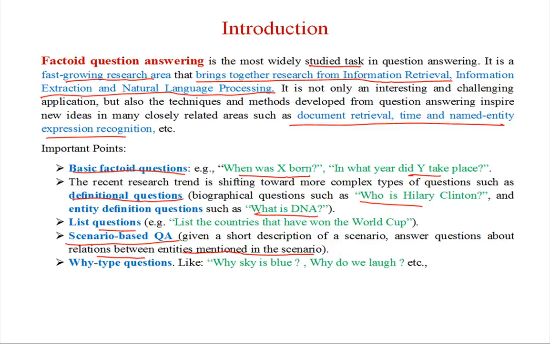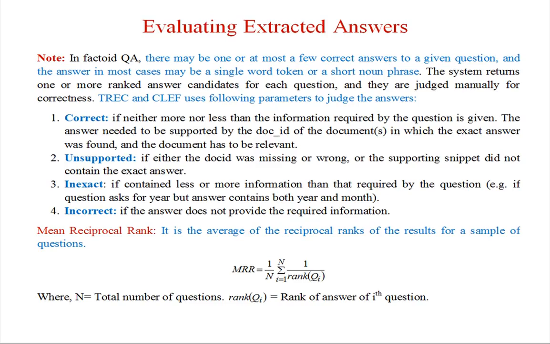So to calculate the accuracy of the machine generated answer, we use some metric. Actually in factoid based question answering there may be one or at most a few correct answers to a given question, and the answer in most cases may be a single word, token or short noun phrase.